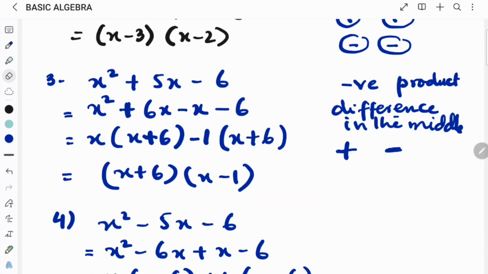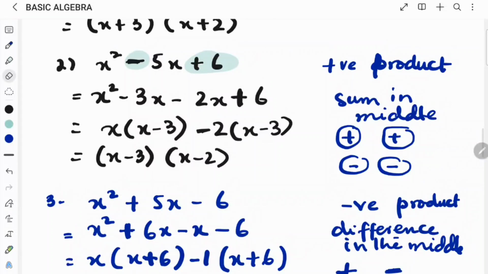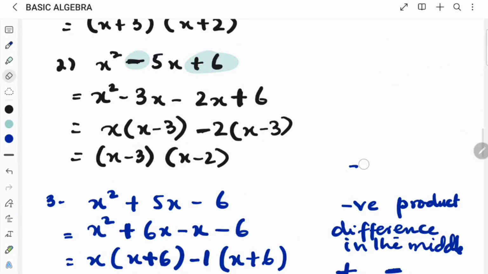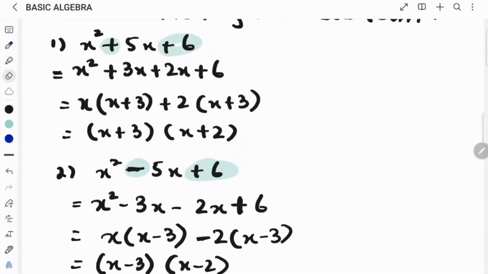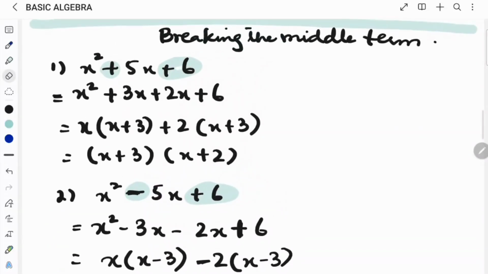So whenever it is written that solve the equation, in solution of equations you will not get the expression. These all were the expressions. Solution of equation means equals to some number, or if the sum number is there, then you will write down equals to 0. For example, this is the same question, x square plus 5x plus 6 equals to 0.